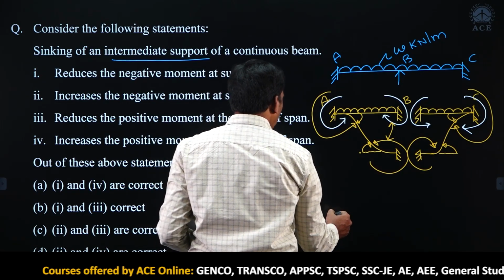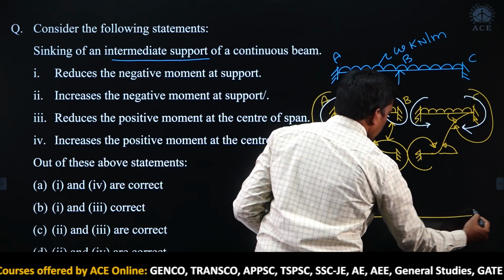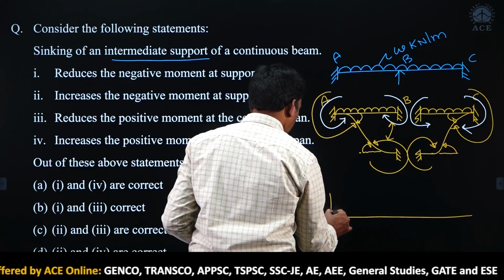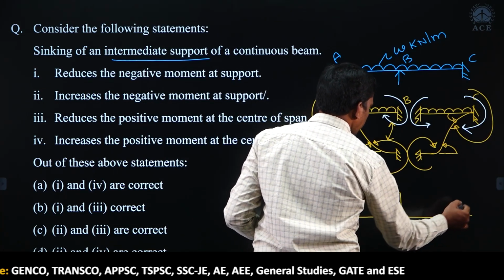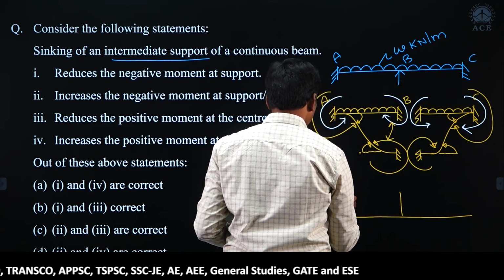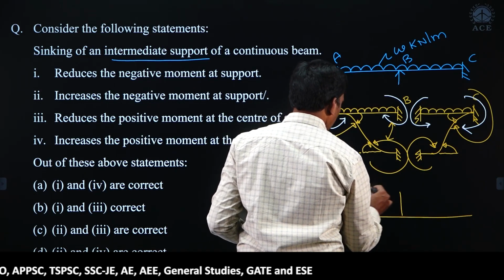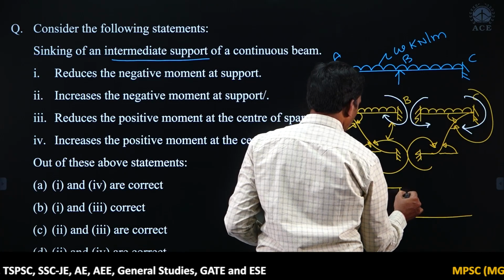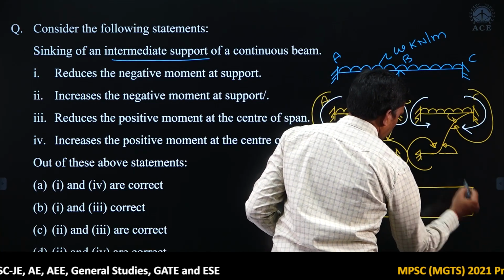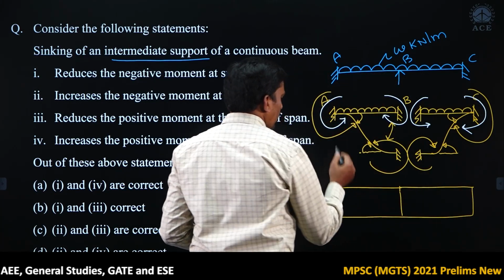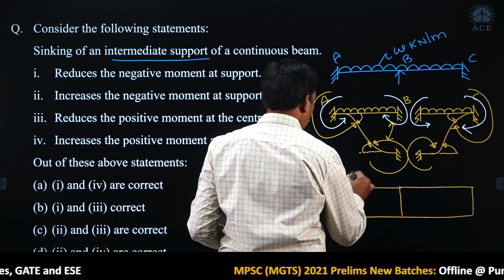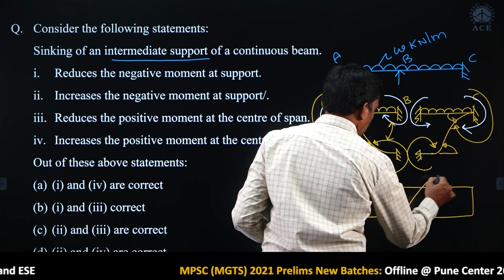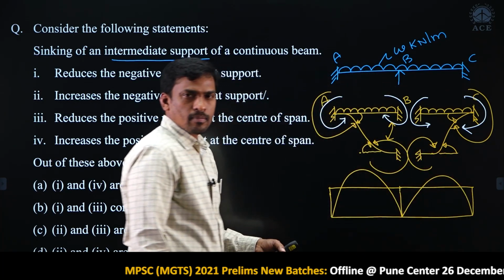If you draw bending moment diagram for this case now, okay, just rough diagram. It may be more or less, okay, initially we do not know please, right, it is like this.